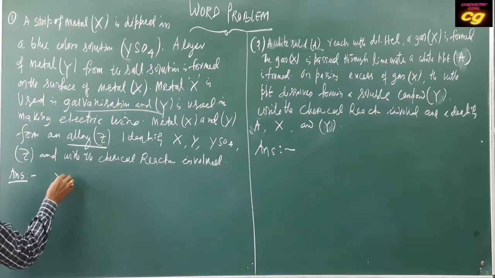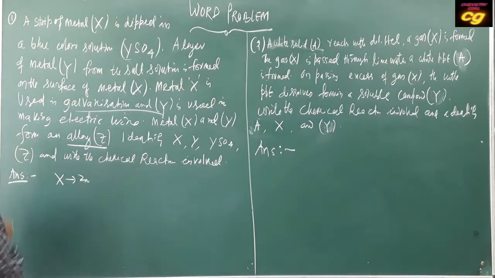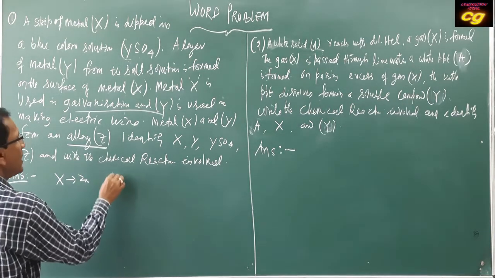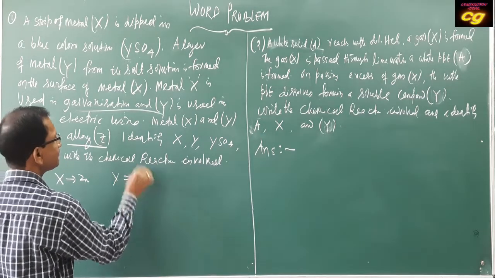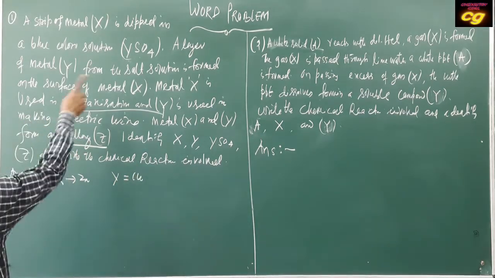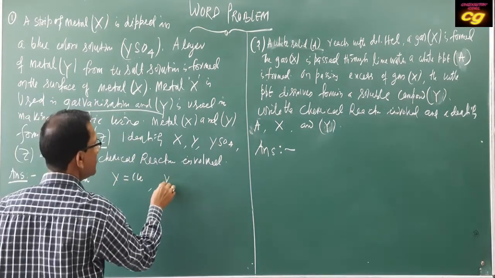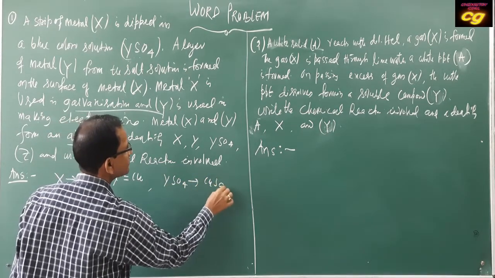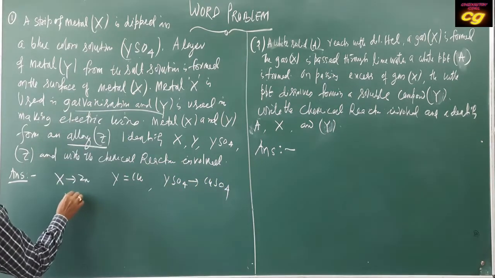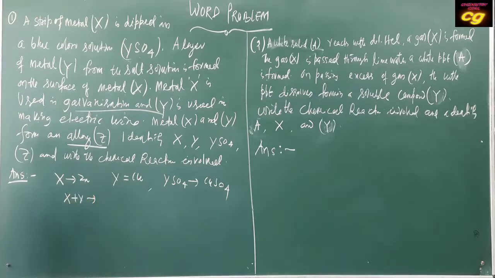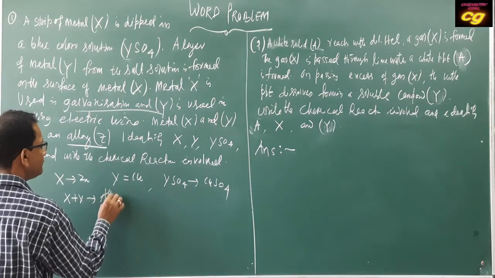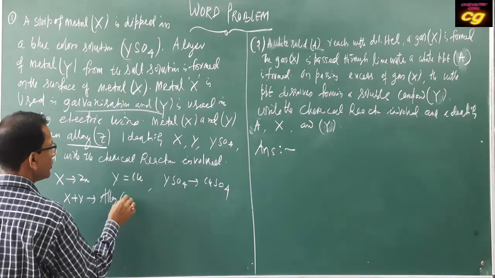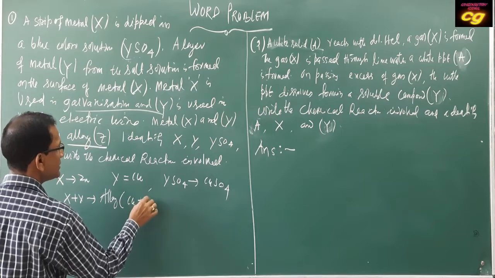Here X is zinc and Y is copper, because it is a blue color substance, and YSO4 is copper sulfate. The mixture of X and Y is the alloy, that is a copper and zinc mixture.